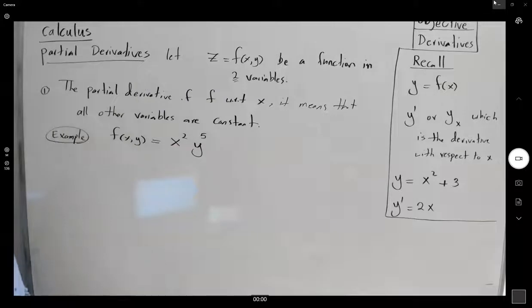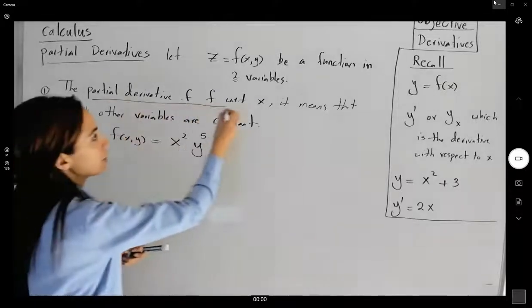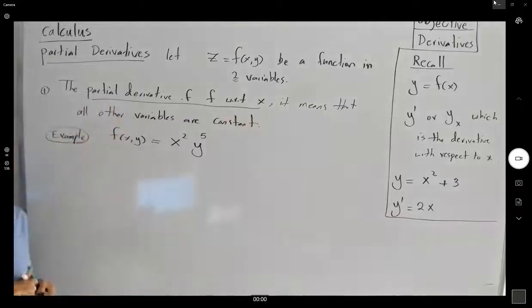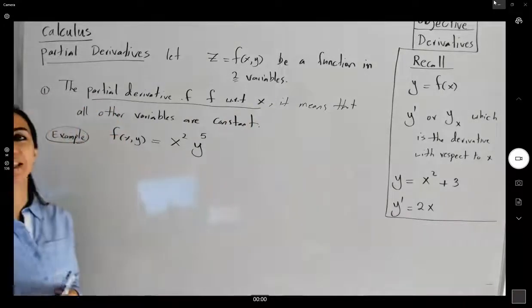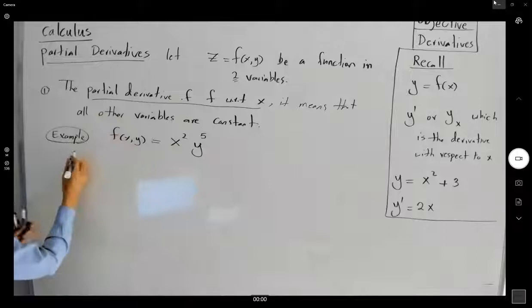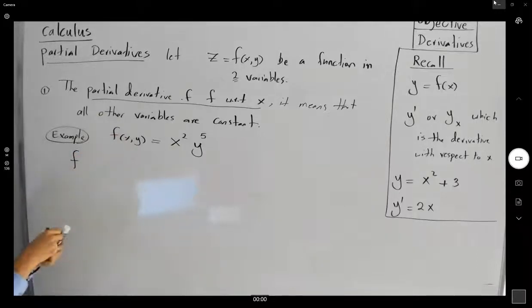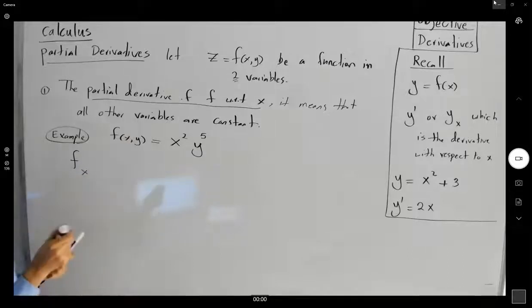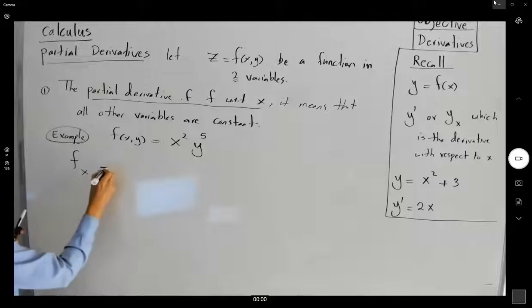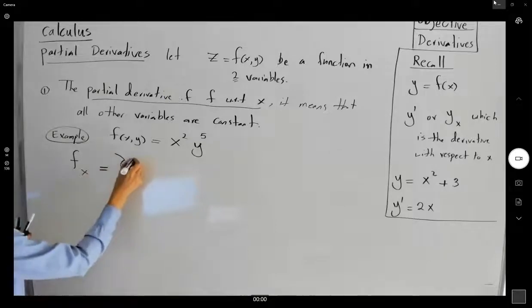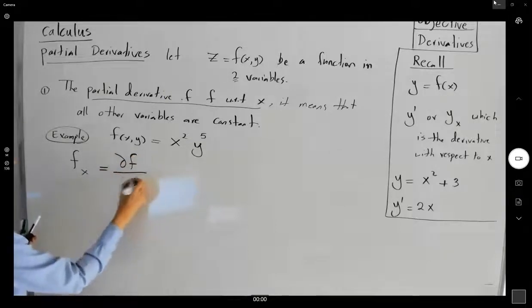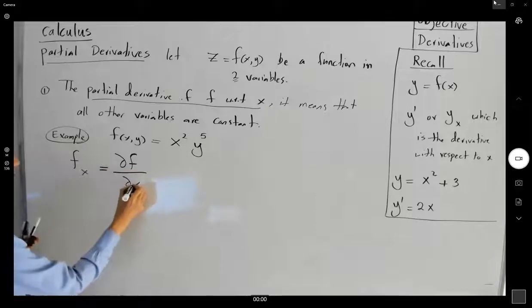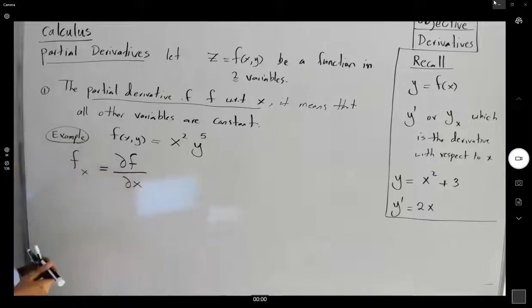So I want to find the partial derivative of function f with respect to variable x. I'm going to denote it this way. Either I write it as f sub x, or I write it as d of f with respect to variable x.